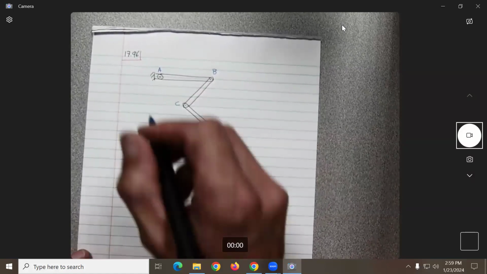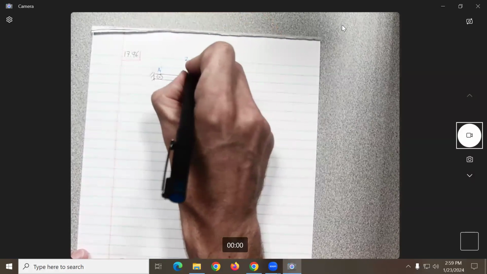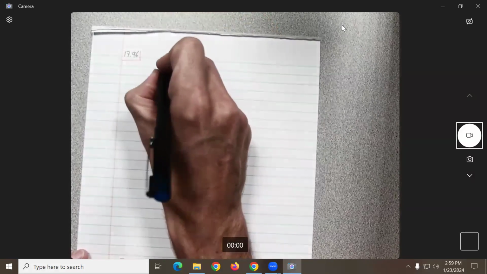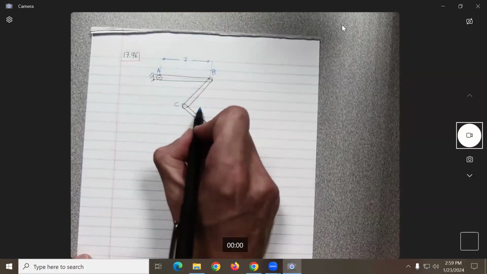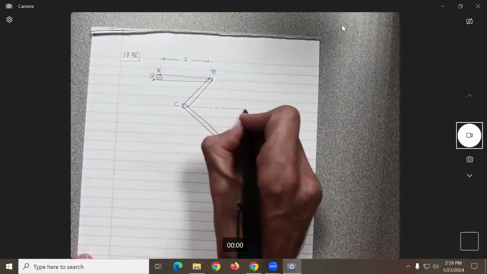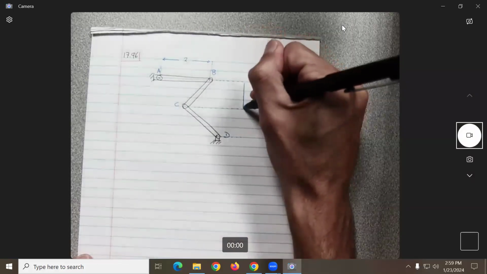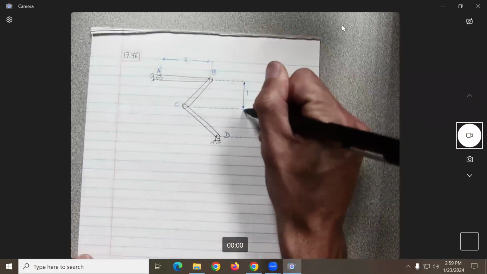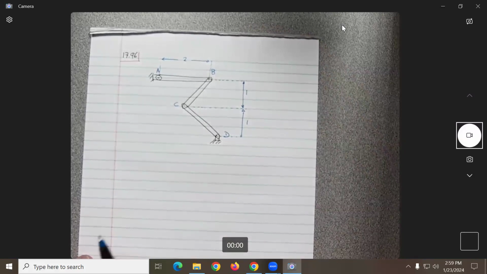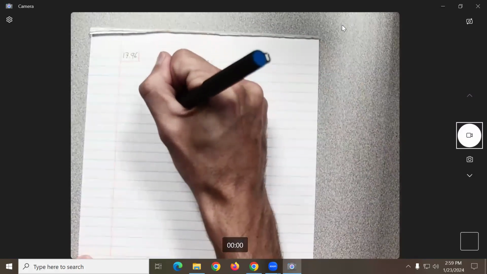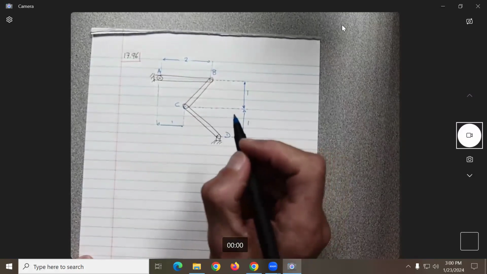All right, the distance over here is 2. Then the distance from here to here is 1. From A to C is 1.